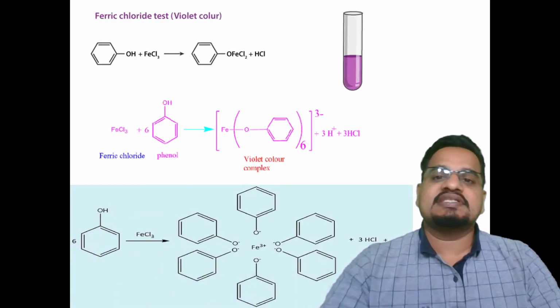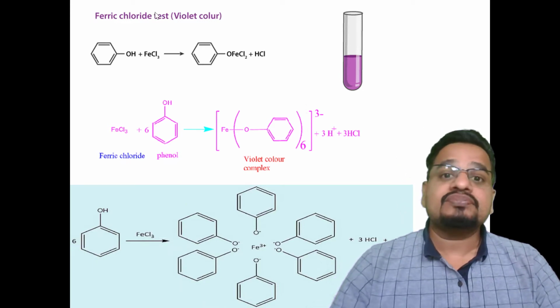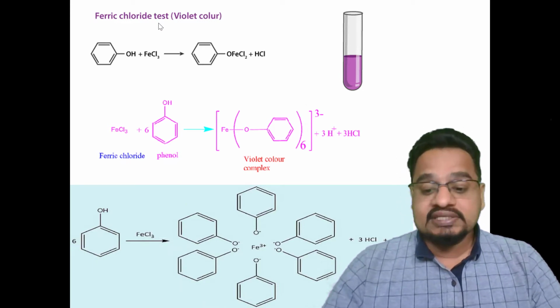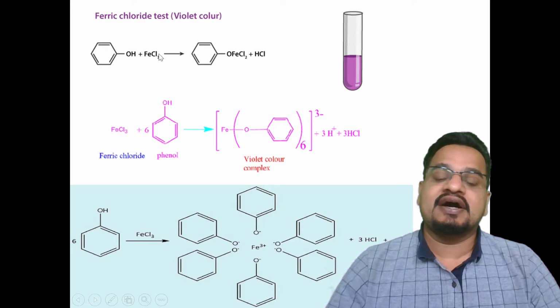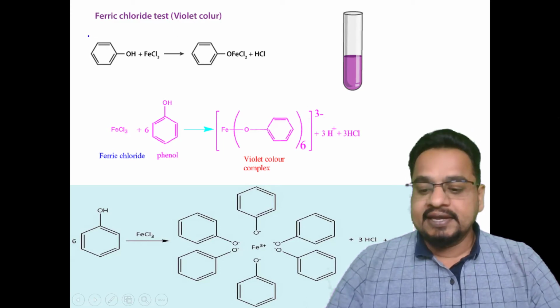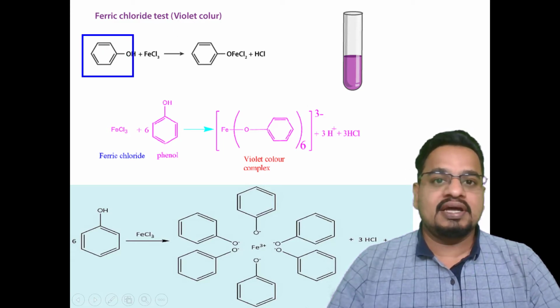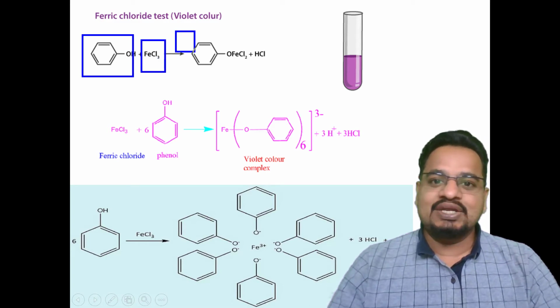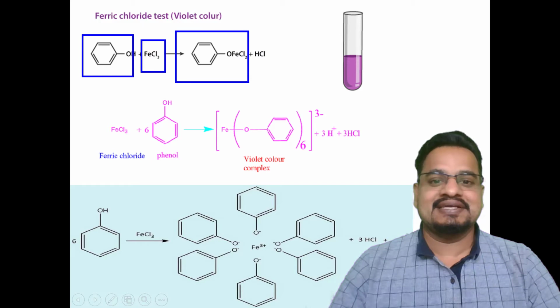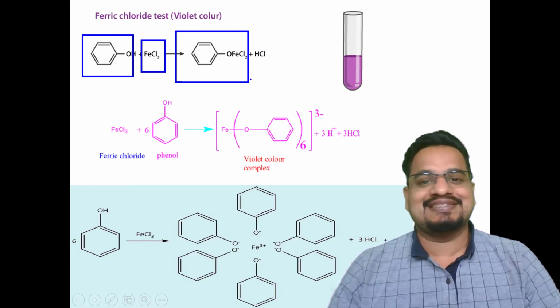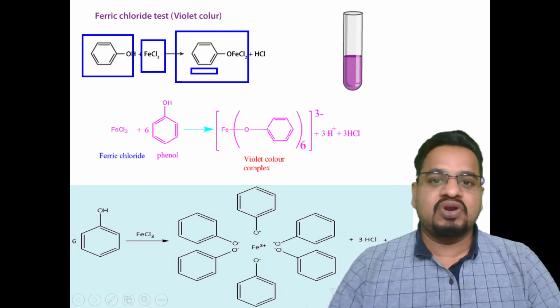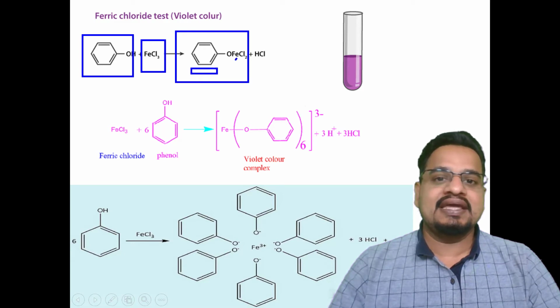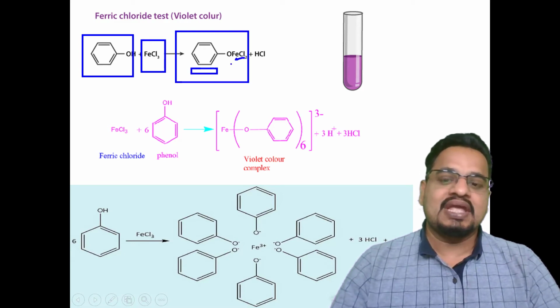Now the first test is the ferric chloride test. So what is this ferric chloride test? In this test, the phenol reacts with the ferric chloride and you get a violet color complex of phenoxide ion and FeCl3.